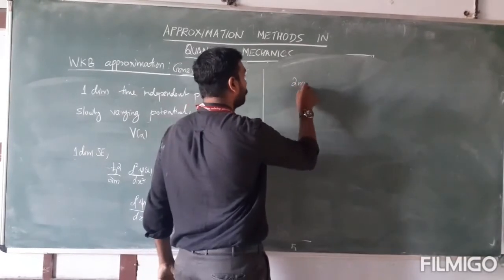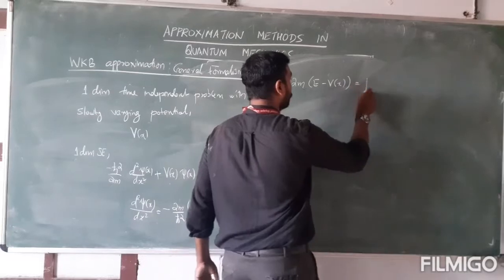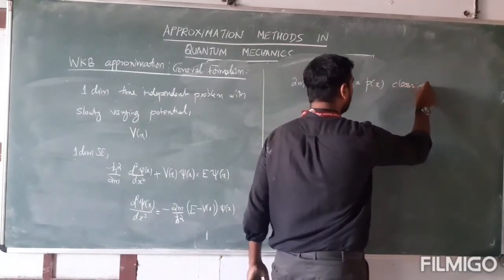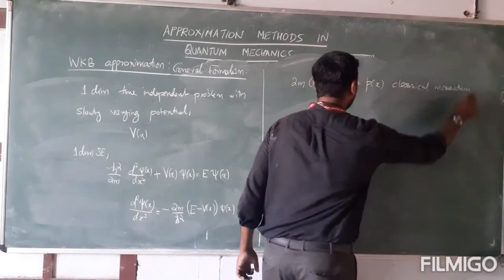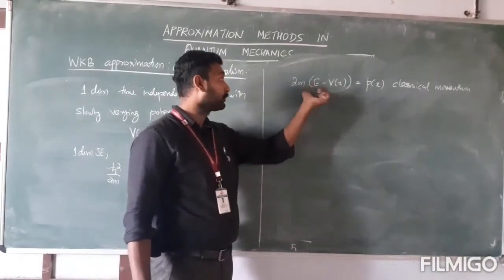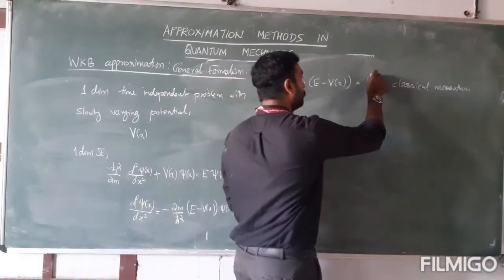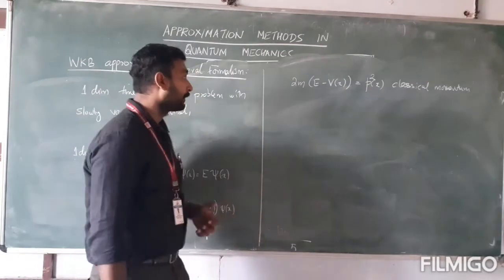So 2m into (E minus V of x) can be identified as p of x squared, where p of x is a classical momentum, because E minus V of x gives the kinetic energy, and p squared by 2m is nothing but the kinetic energy.